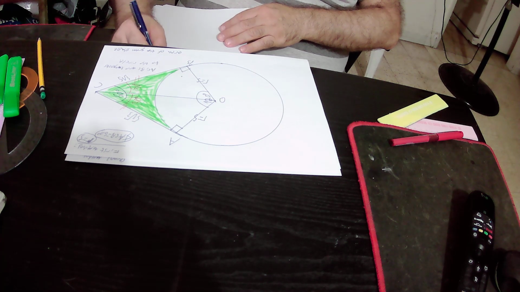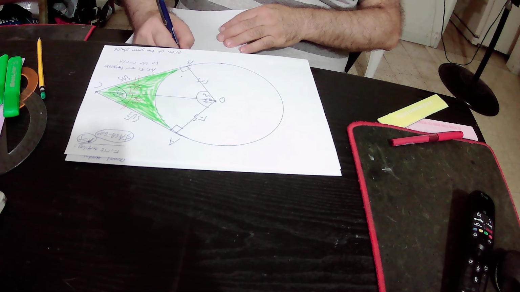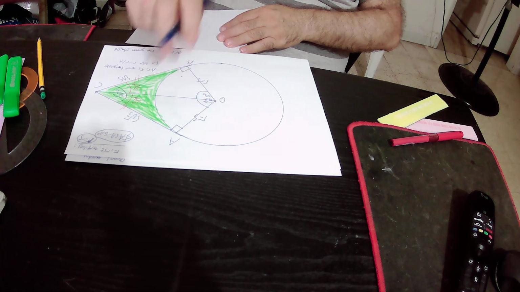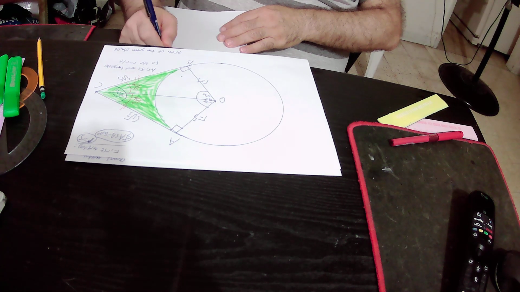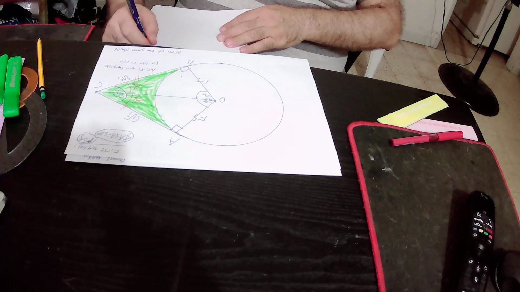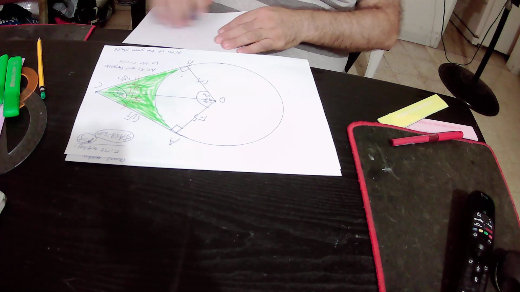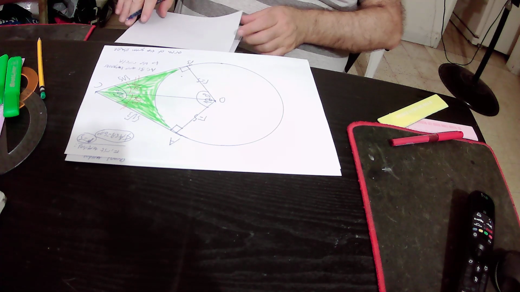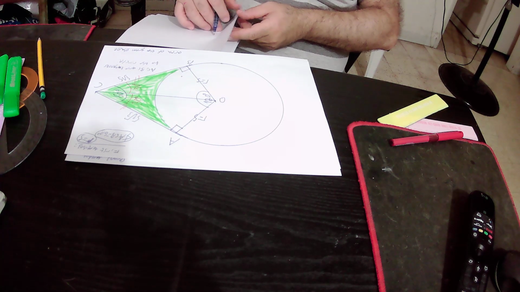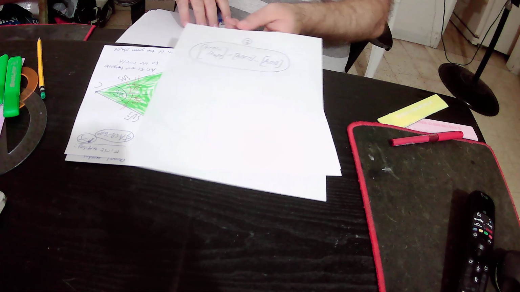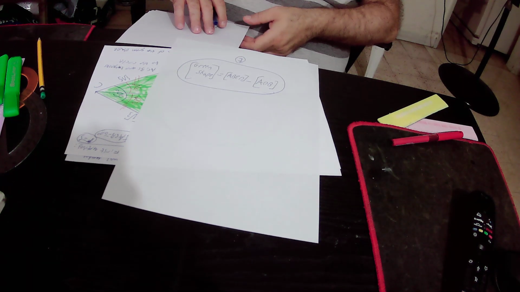Again, the area of the green shape equals the area of quadrilateral ABCO minus the area of sector AOB.